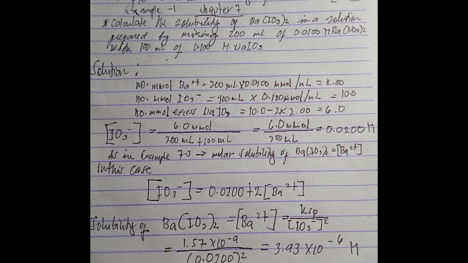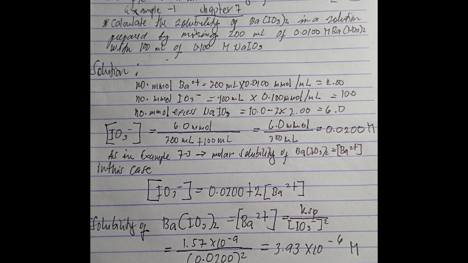So the number of millimoles in excess of NaIO3 is equal to 10.0 minus 2 times 2.00, which is equal to 6, as we can see in the presented image.